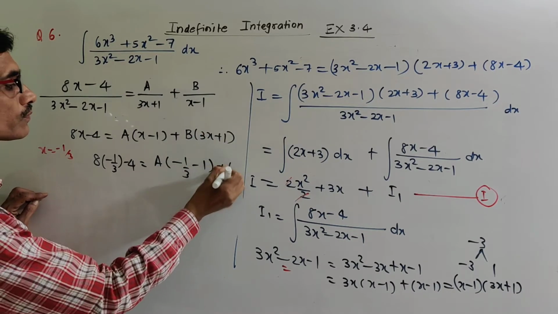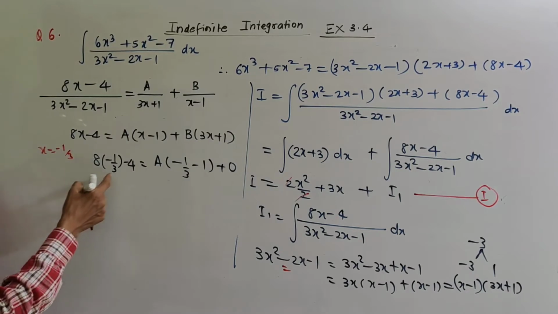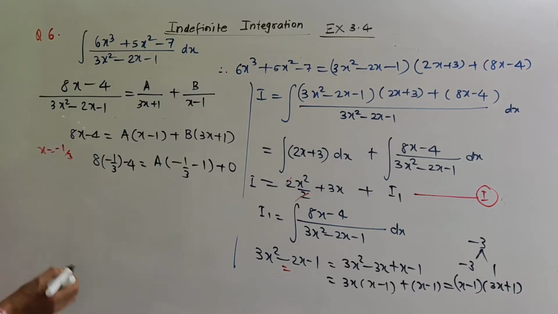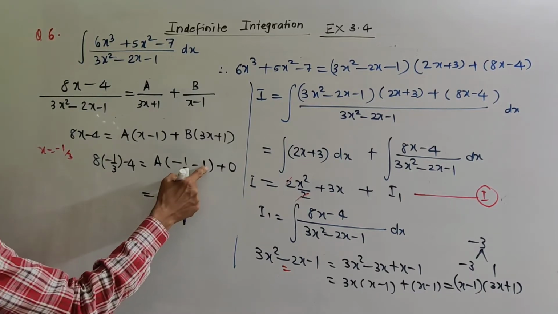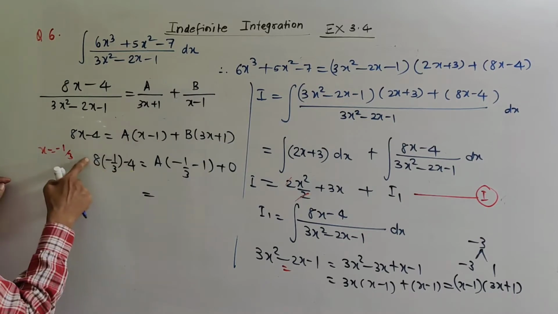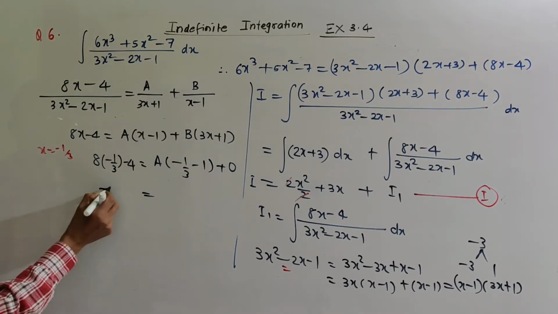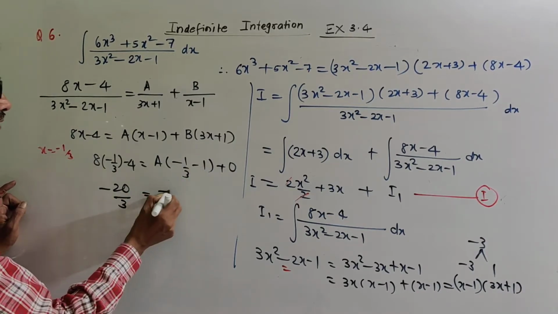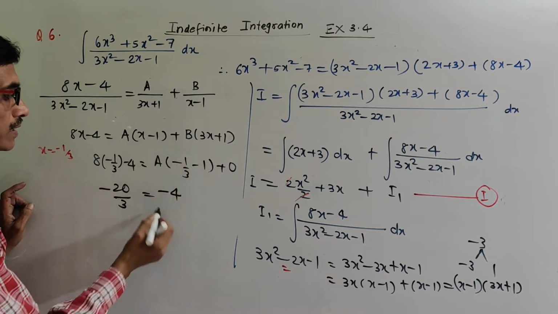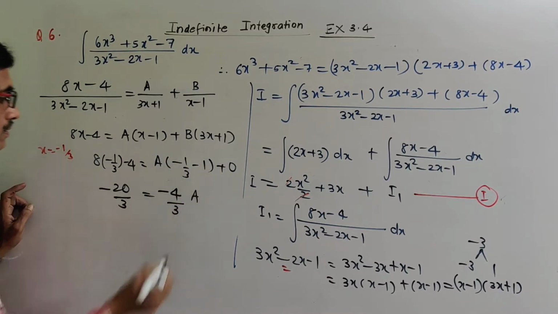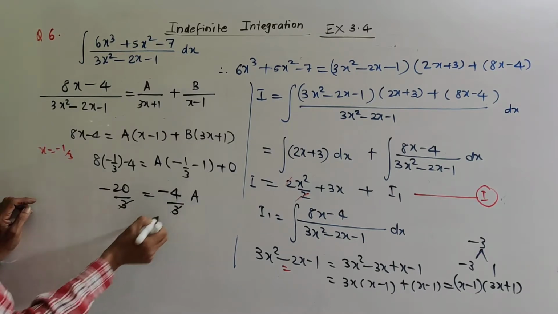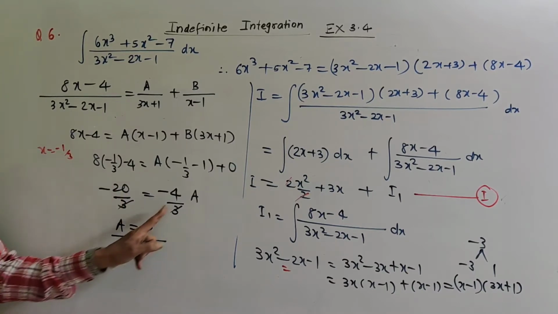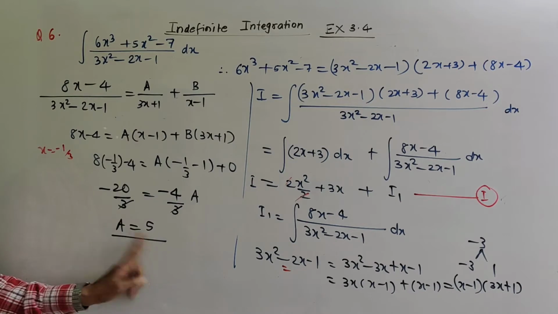This is −8/3 and −12/3, so minus 20 upon 3, equal to −4/3 a. So a is equal to 5.